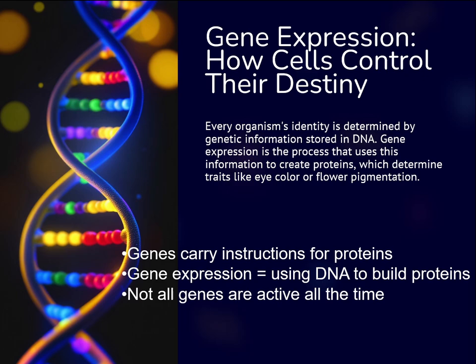For example, liver cells express genes that help break down toxins. Skin cells express genes that make proteins like keratin for structure. That's why you don't grow hair in your liver. Gene expression is what allows cells to specialize and take on different roles, even though they all have the same DNA.